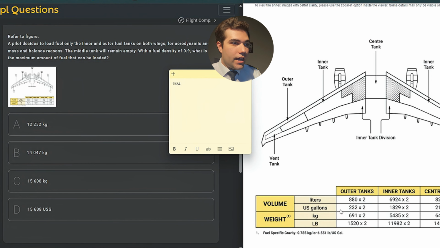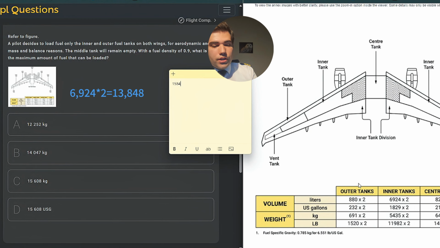Alright, the next one is inner tanks, because it was asking for the inner tanks, and it is 6924. So 6924 times 2, which equals 13,848, and I will multiply this number with 0.9, which gives me 12,463.2.